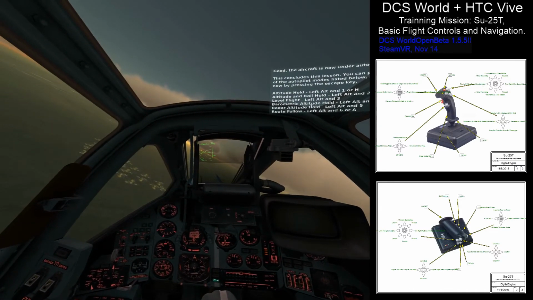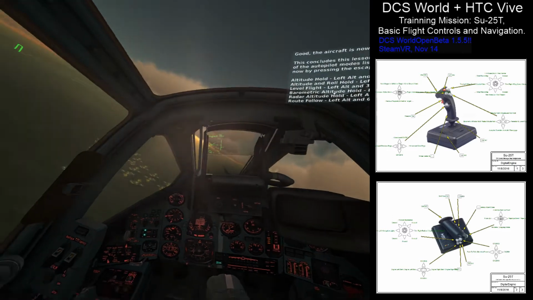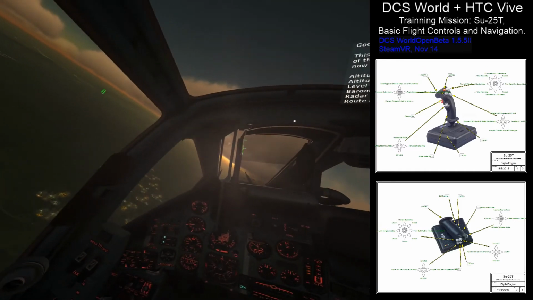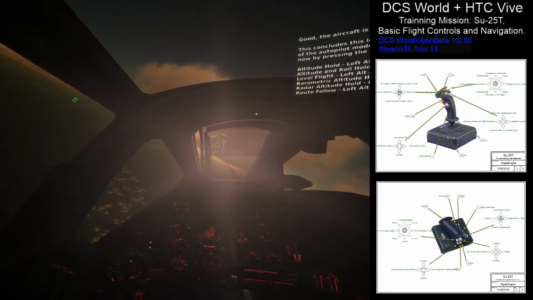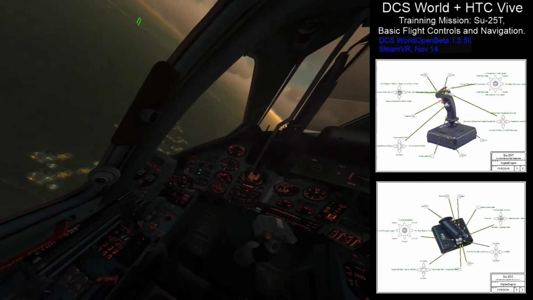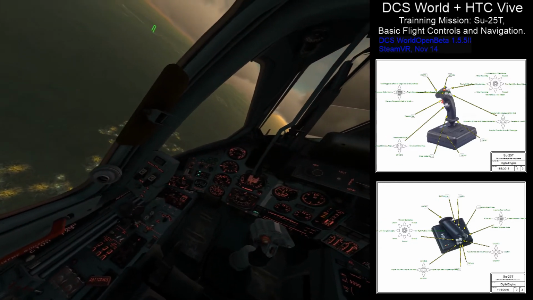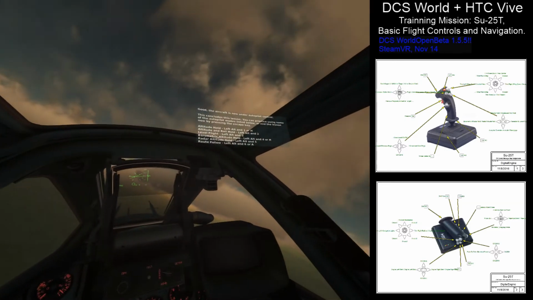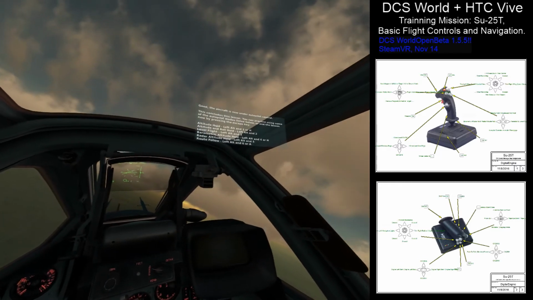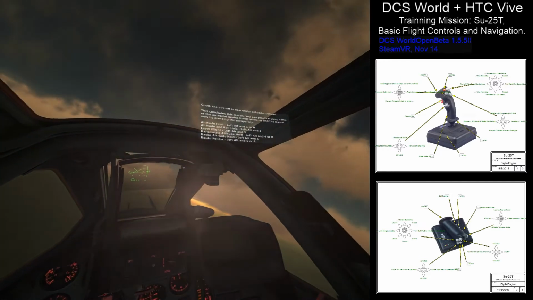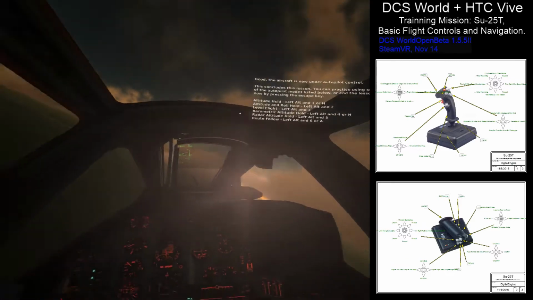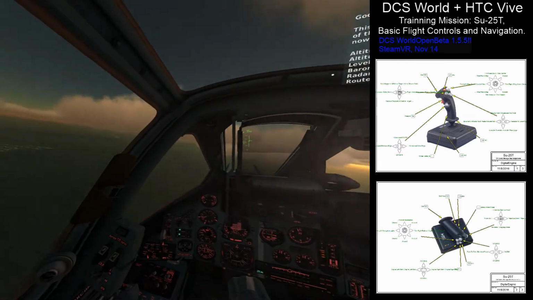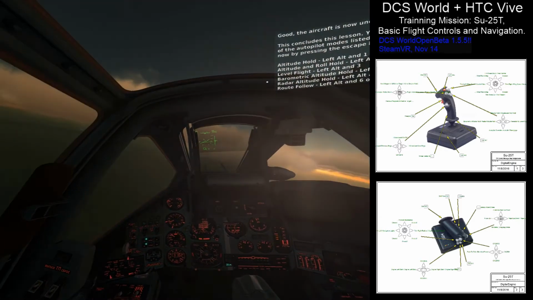Alright, so now we are in barometric altitude hold mode. That's indicated by the number 1 and number 4 ACS push buttons being illuminated. Now the difference between barometric altitude hold and barometric altitude roll hold is that in barometric altitude hold mode we have control of our bank angle. We can change the bank angle to whatever we see fit, whatever we desire.